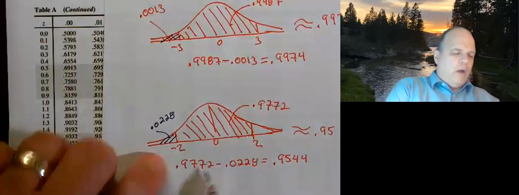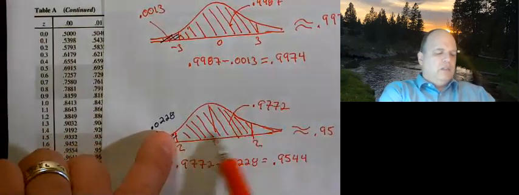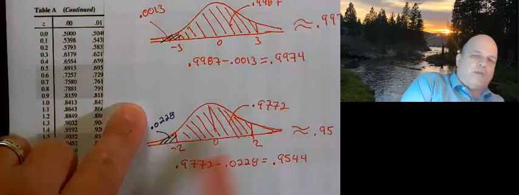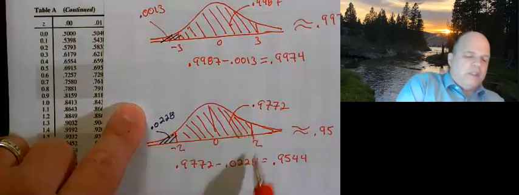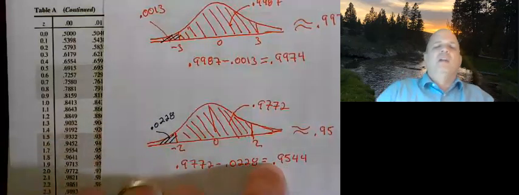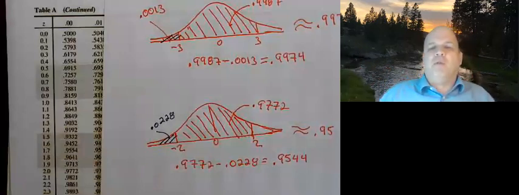I'm going to subtract out this tail because I want the distance between. The 0.9772 counts all of this because it works all the way from the left up. And I subtract, and I get 0.9544, which is approximately 95.4%.